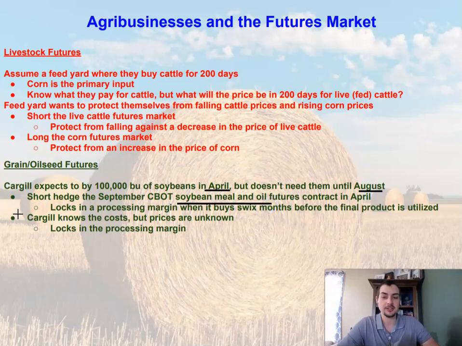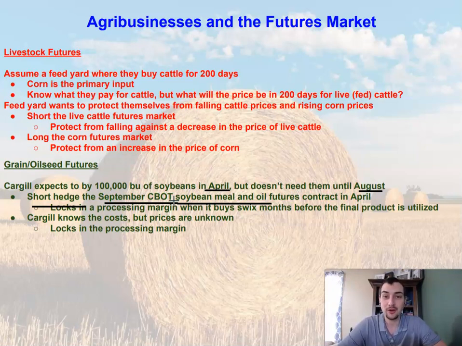Cargill is expected to turn that 100,000 bushels of soybeans into soybean meal and oil, and they are going to engage in a short hedge of the September Chicago Board of Trade soybean meal futures contract in April. So they're going to sell this particular product in August. Well, there isn't an August soybean futures contract, so they're using the next closest month, which is September.